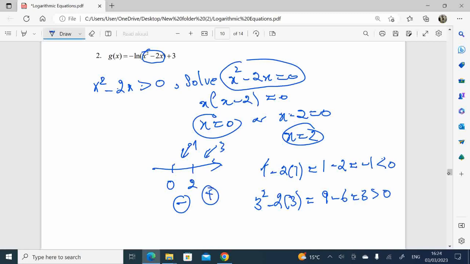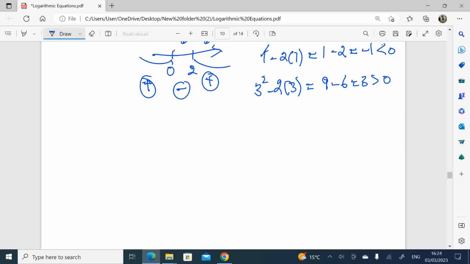Also, if I try a value less than 0, like minus 1, we also get positive. So we are looking for when this quadratic is positive. Obviously this side is positive and this side is positive. It means whenever x is strictly less than 0 or x is strictly greater than 2.